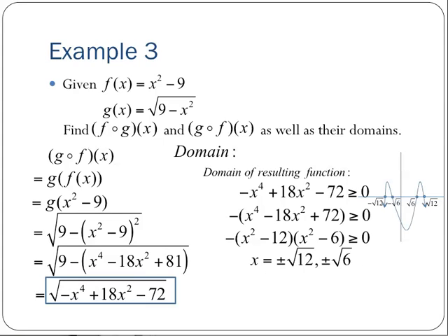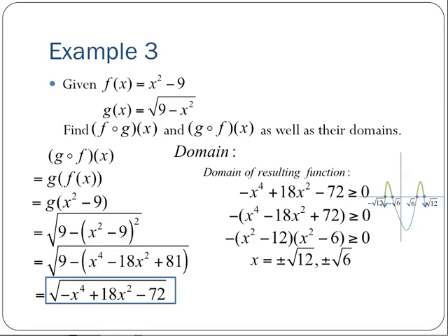Now the original inequality that we had written was that this function must be greater than or equal to 0. So you want to look at your graph and see where is it equal to and above the x-axis. And that would be this section here and this section here.